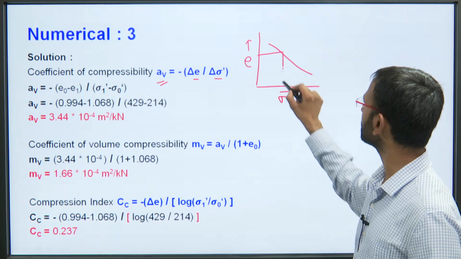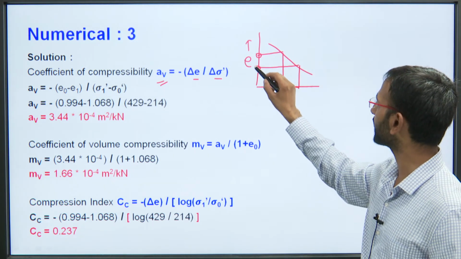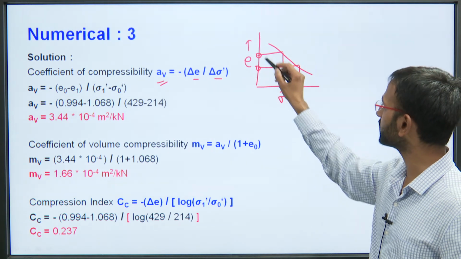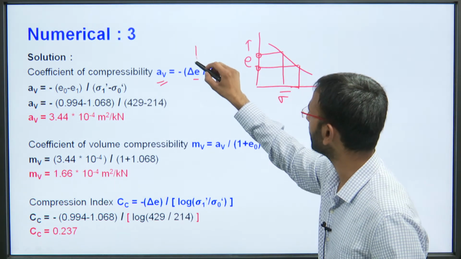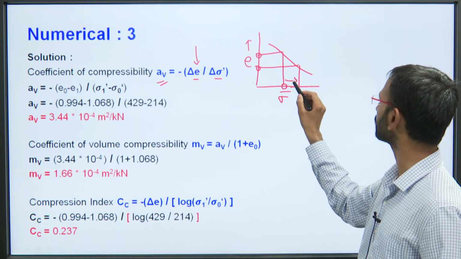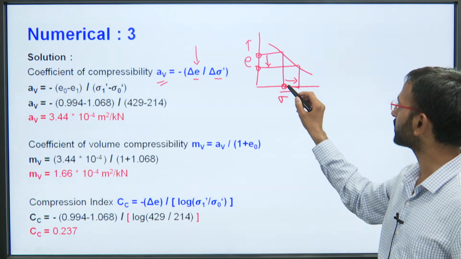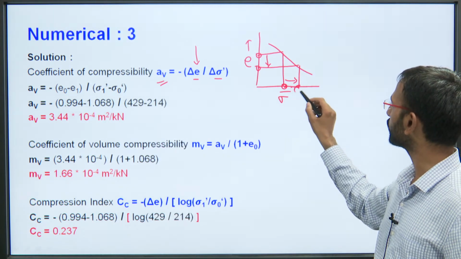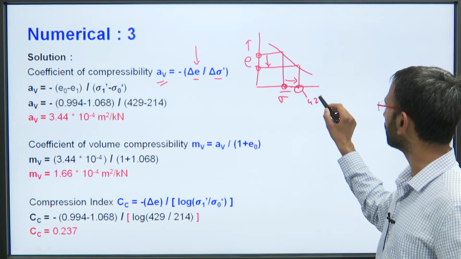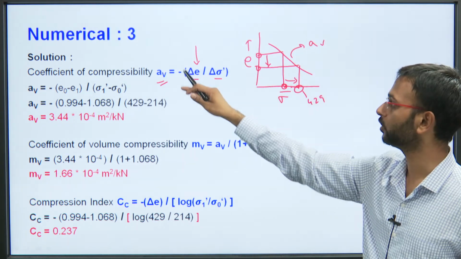The initial void ratio was 1.068 and the second was 0.994. This is the void ratio change, and the effective stress was increased from 214 to 429. So, you can easily find out the slope corresponding to these two values.